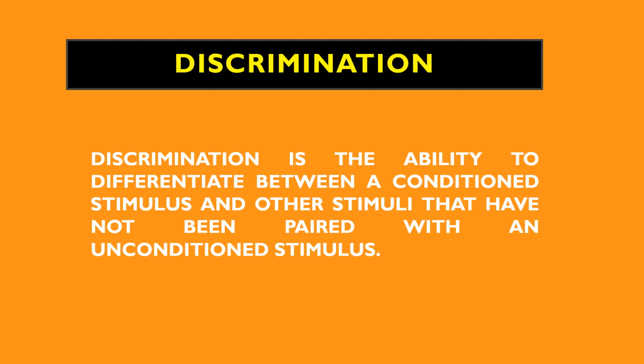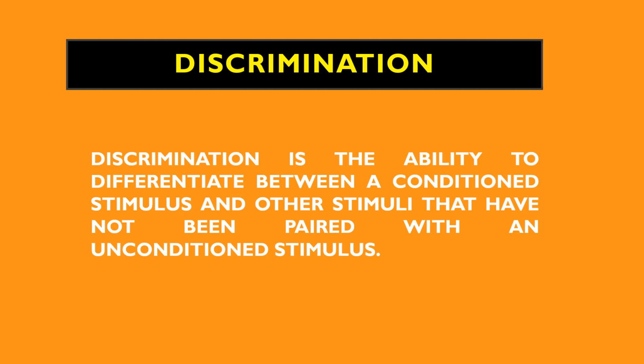It generated a limited amount of salivation, but at a later time, the animals learned to discriminate between the original stimulus and the variations of the stimulus that produced no food.